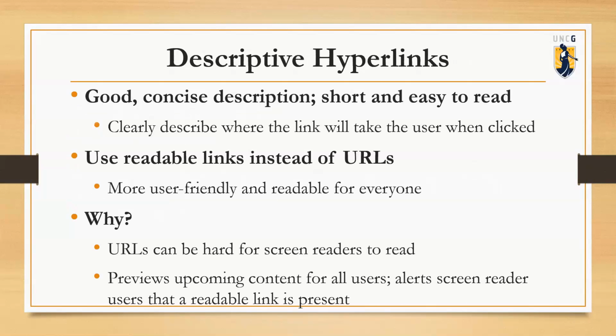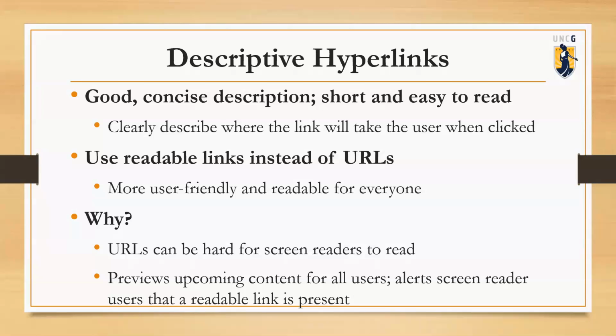So with descriptive hyperlinks, you're basically not using the URL as the link in your document or in your website. You want to use a good and concise description. You want it to be short and easy to read.